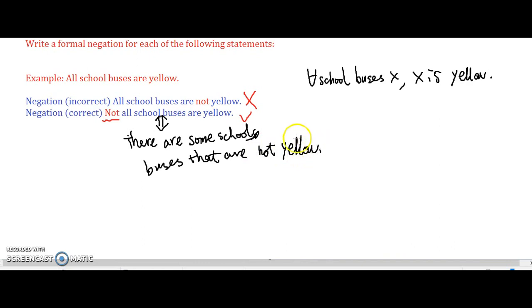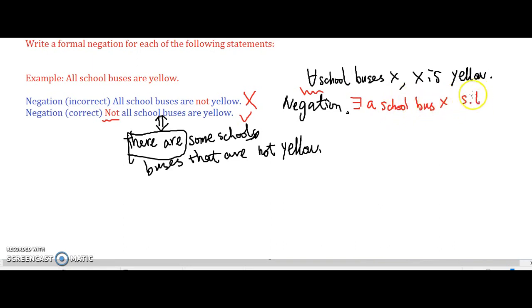We translate this to mathematical symbols. So the negation will be, as you can see, there exists. The original statement is a universal statement, for any, and now we have there exists a school bus X such that X is not yellow.